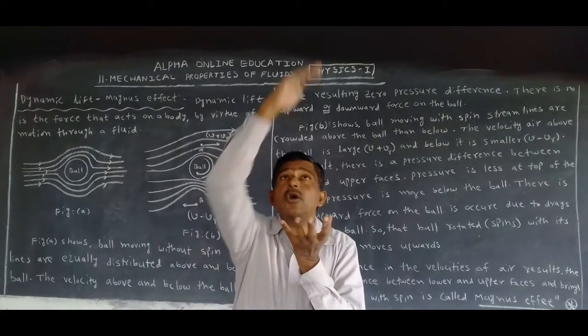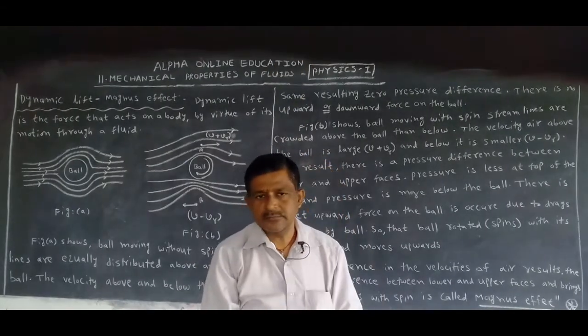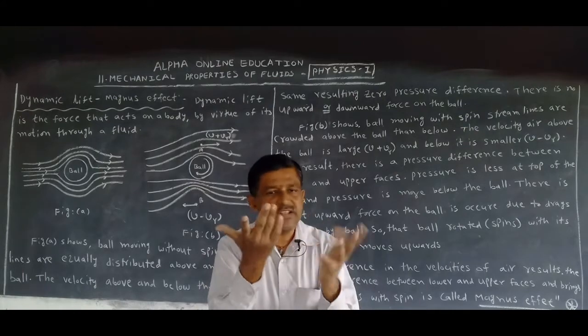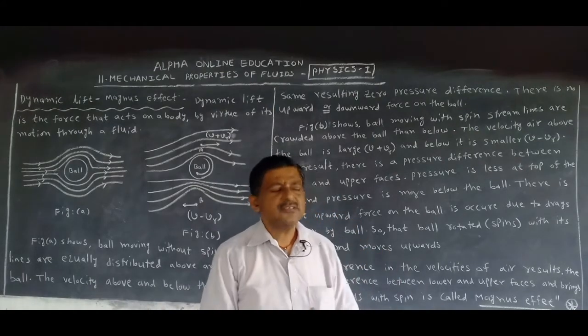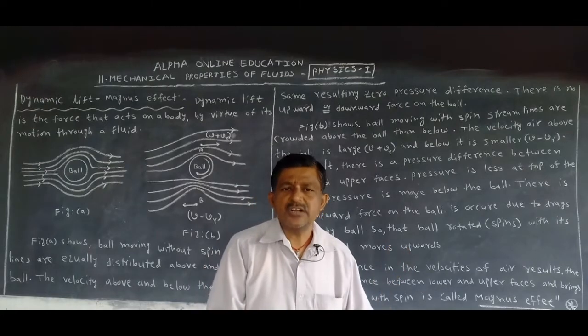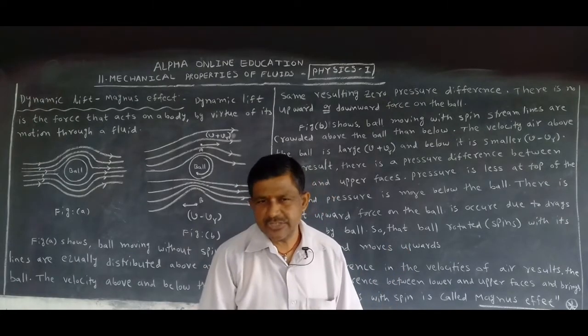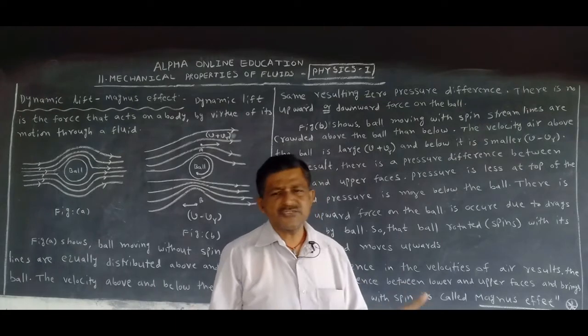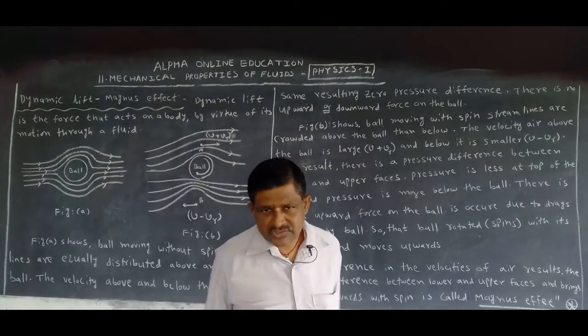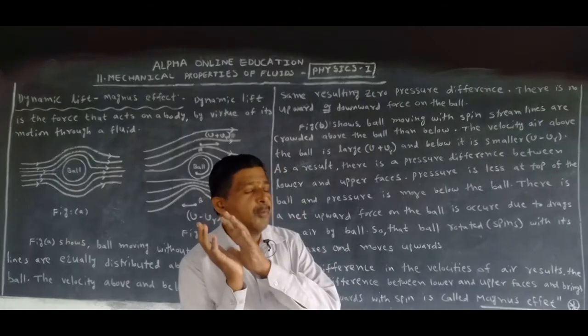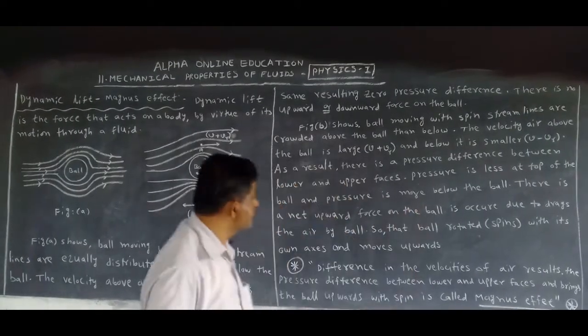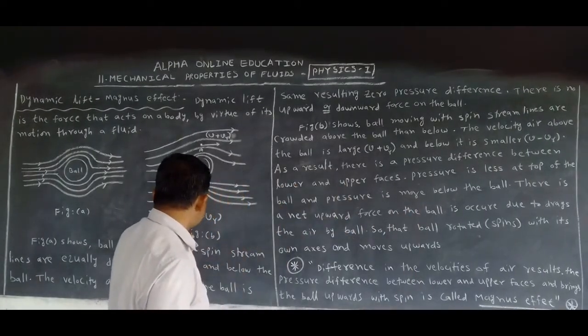Above the ball and below the ball the velocity does not change, so the pressure difference is zero. That's why there is no upward force and no downward force on the ball when it is in motion.